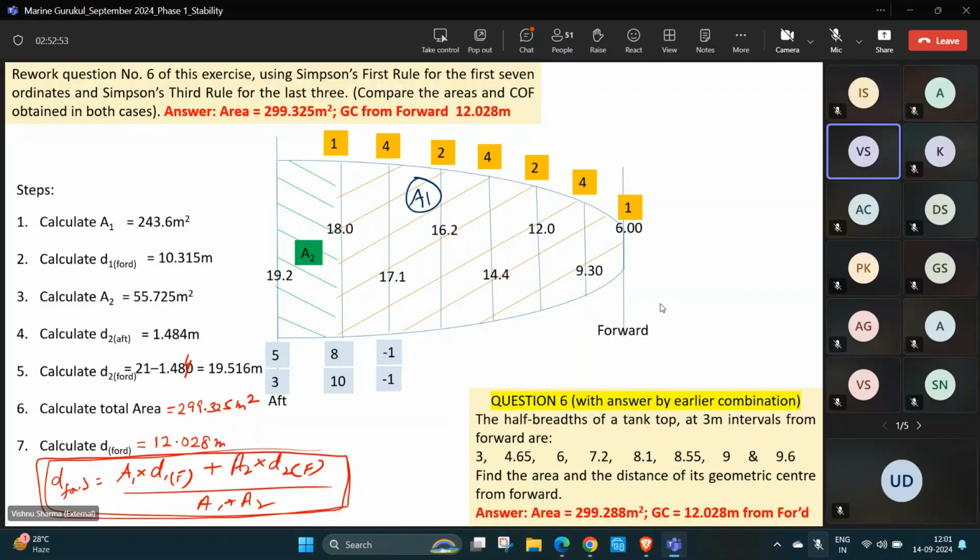Okay, anybody still calculating 12.028? Let me know. I'll wait here, beta. Done, sir. Done? Okay, anybody who wants me to wait?